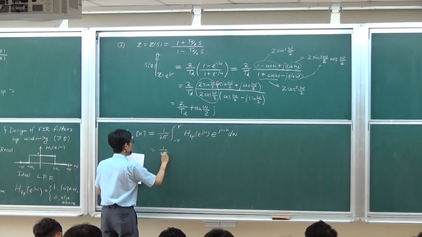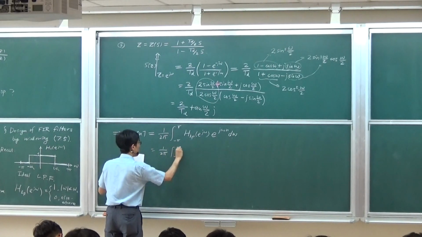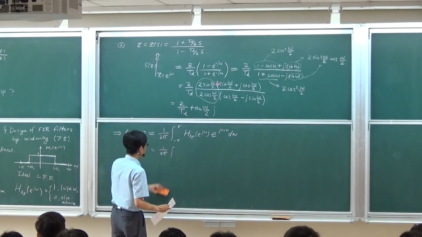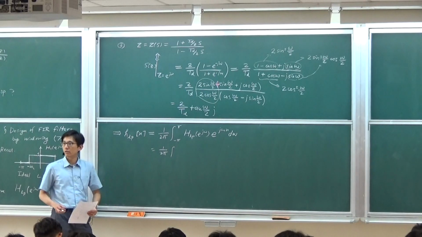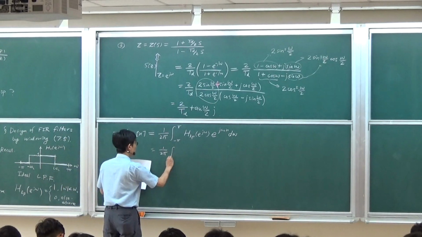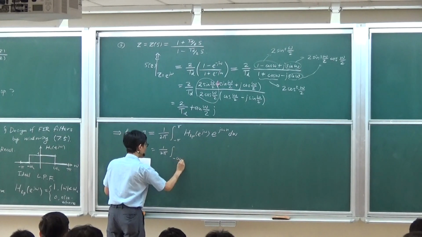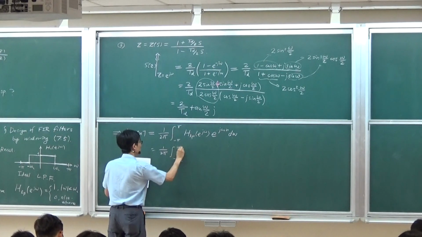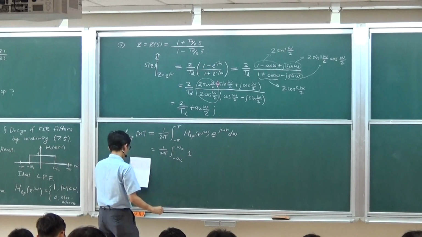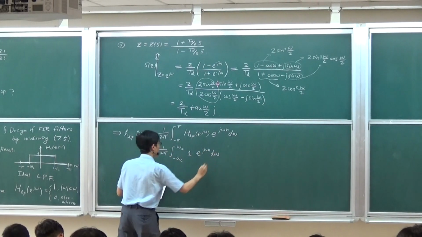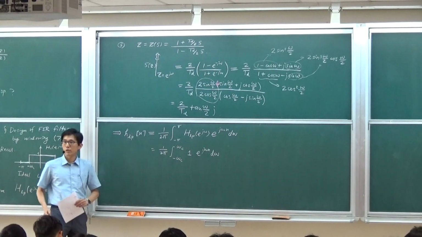It's 1 over 2 pi, integrating from minus pi to pi. Note that the response H_LP is 0 outside the pass band, so we can just integrate from minus omega c to omega c, 1 times e to the j omega n, over all frequencies in this range.